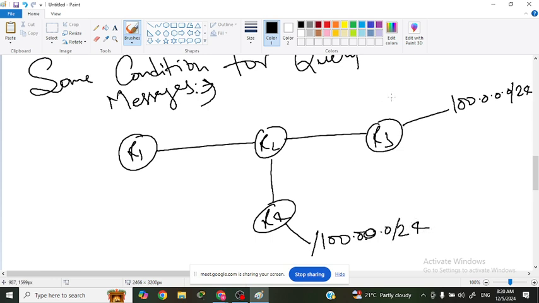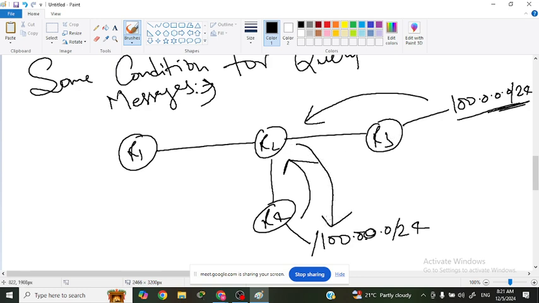If R2 is getting the 100 prefix from both R3 and R4, and suppose this goes down, R2 is not getting the 100 prefix from R3. What will it do? R2 will send the packet from this path 200. It will not send the query message because it has another path.